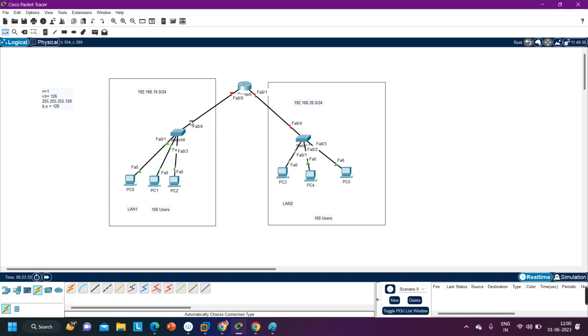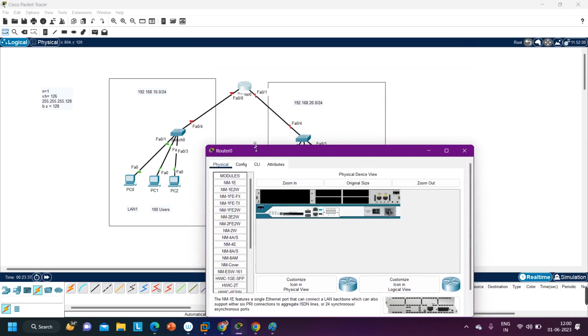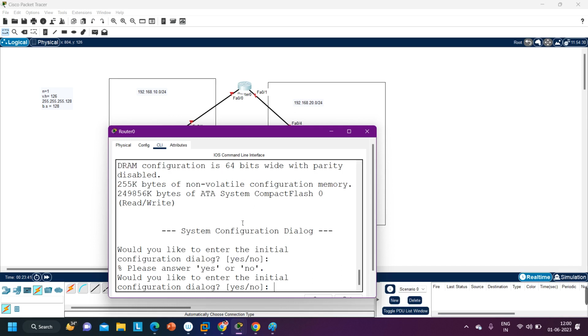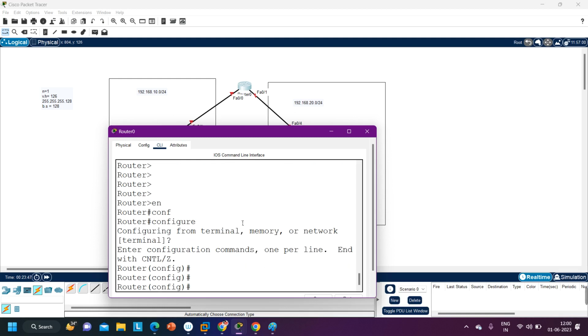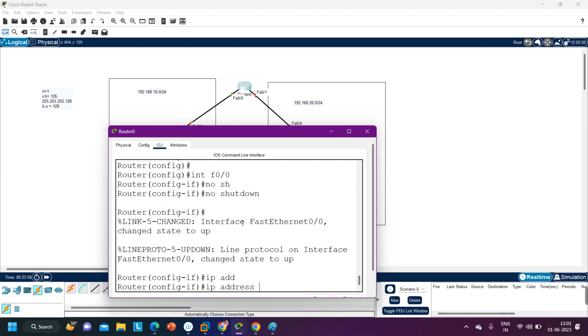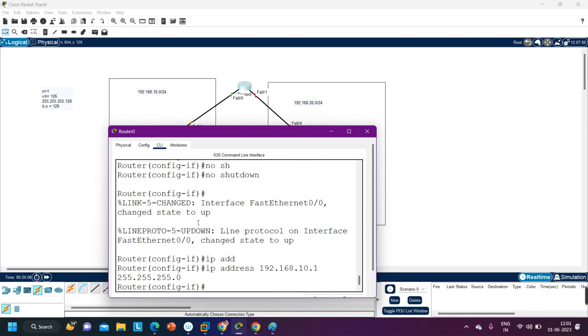See, if on the router I directly use IP addresses without subnetting, on router 1: enable, config t, interface f0/0, no shut, and IP address 192.168.10.1 255.255.255.0. I have configured this IP address.